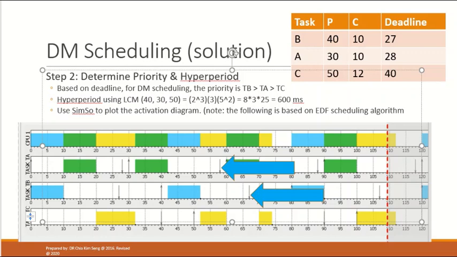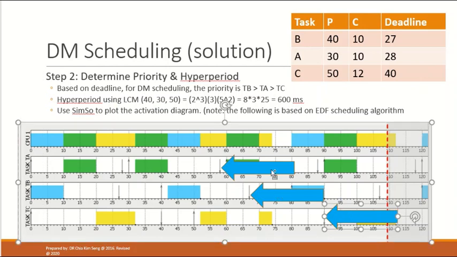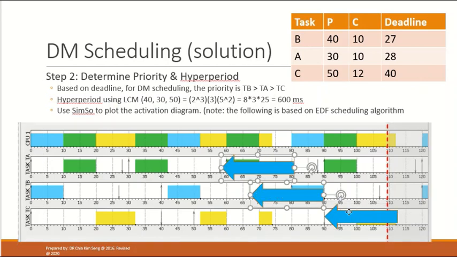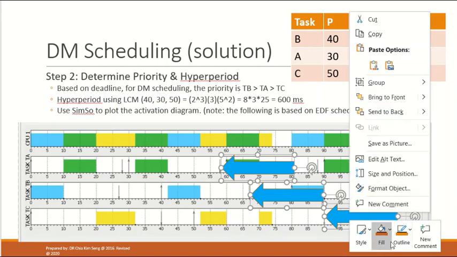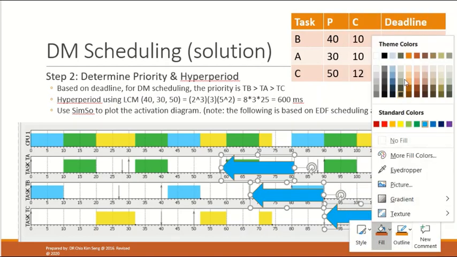Every time the scheduler looks at the deadline, it marks the deadline. So for example, task C: the first round is okay, and then in the second round, the next deadline, if you calculate based on the period, is 50 plus the deadline, so it becomes 90. Okay, when you see these three arrows, let me change the color a bit so you can easily see this one.